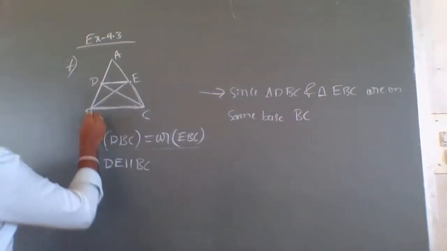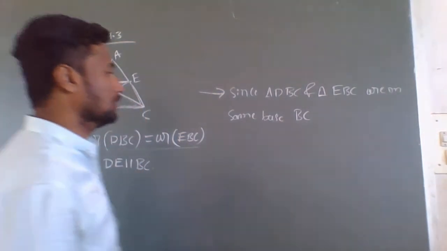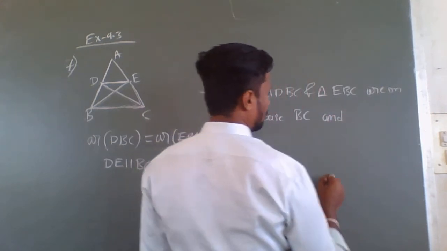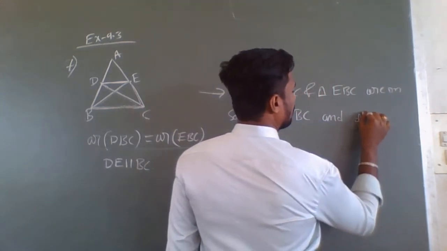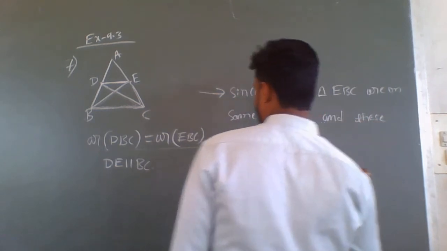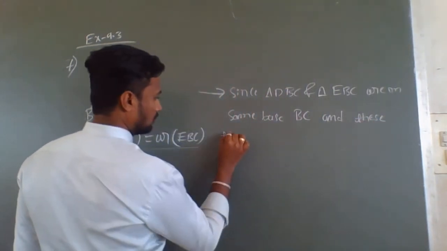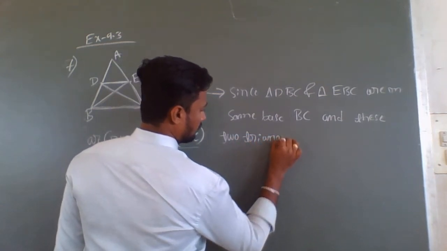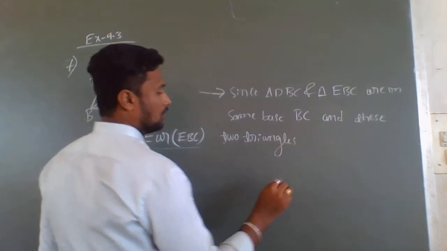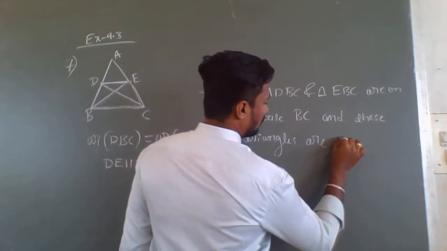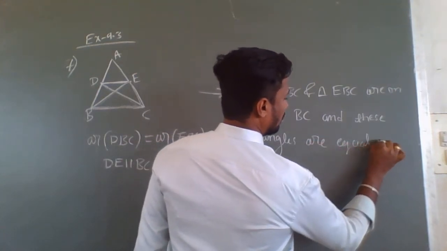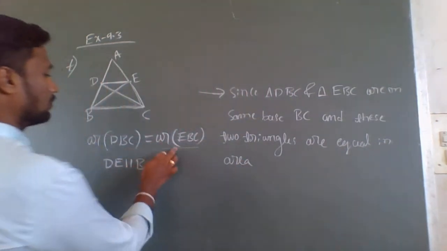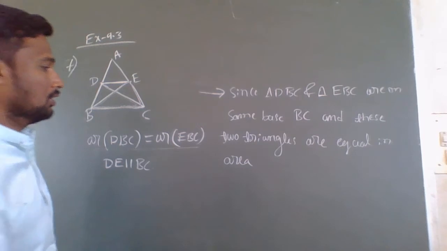Where you can see these two are on same base BC and these two triangles are equal in area. They are given that these two triangles are equal in area.